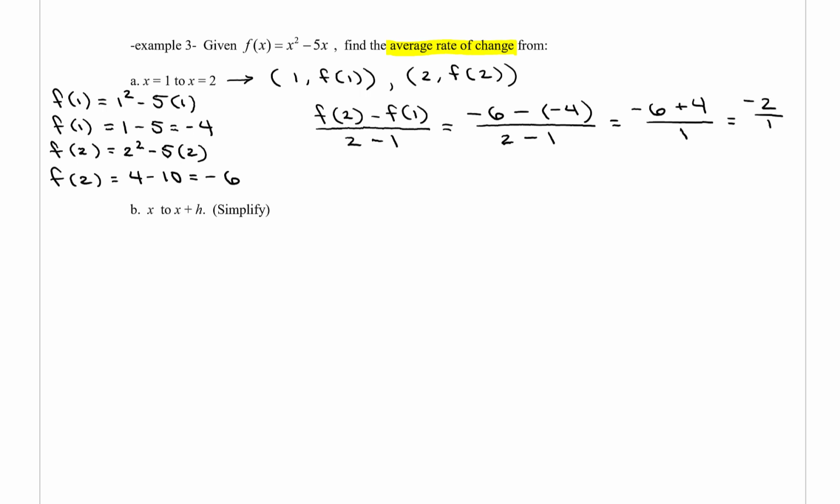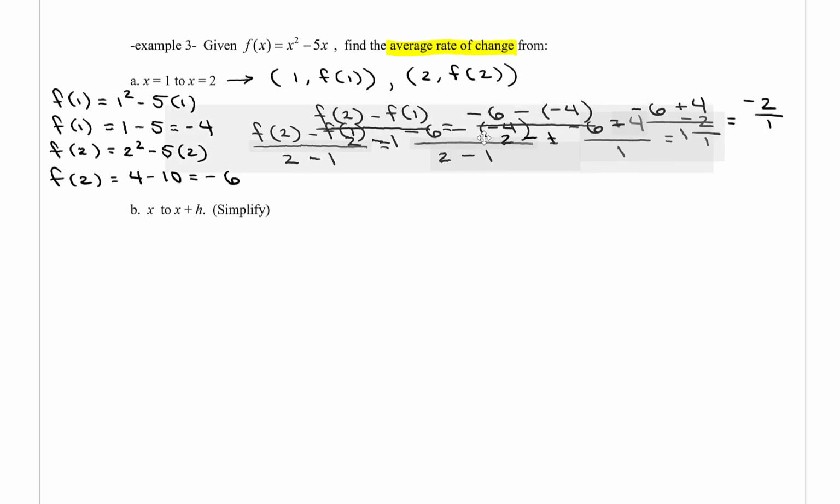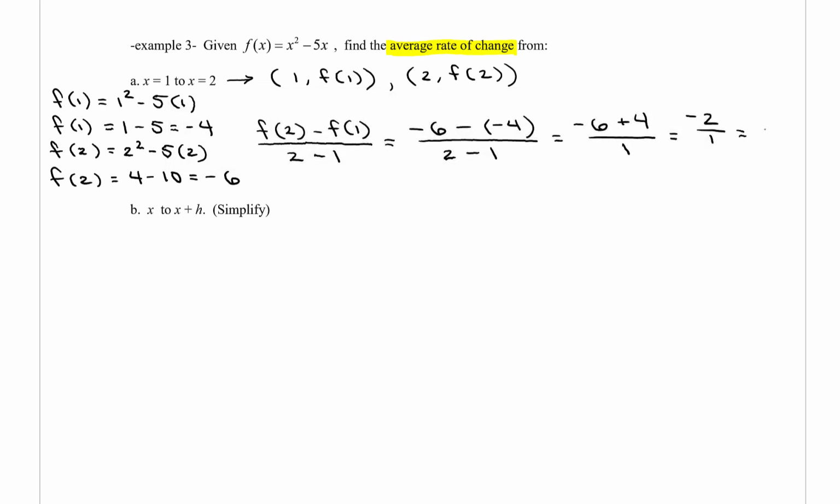I'm going to go ahead and lasso the work that I did here in order to move it slightly to the left, and that way I can write it equals negative 2, and I have enough space to write that in here on the right. I'm going to box in my answer of negative 2. This represents my average rate of change.